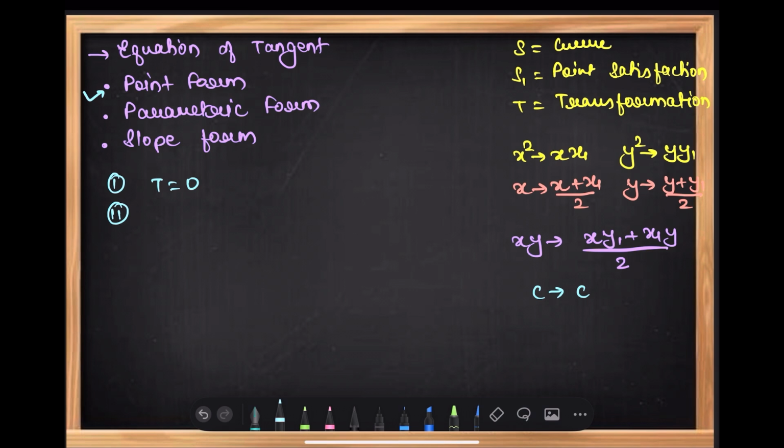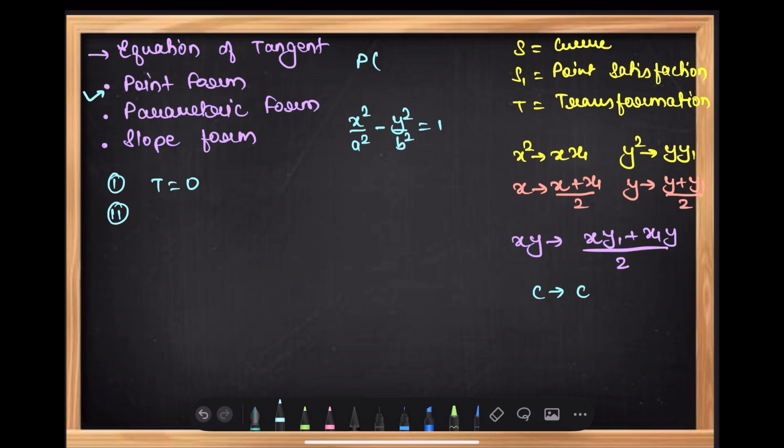So what you have to do, they will give you a curve x square by a square minus y square by b square equals to 1. So what we will do, we will imagine a point in parametric form. So it is something square minus something square equals to 1. We have one formula, sec square theta minus tan square theta equals to 1.